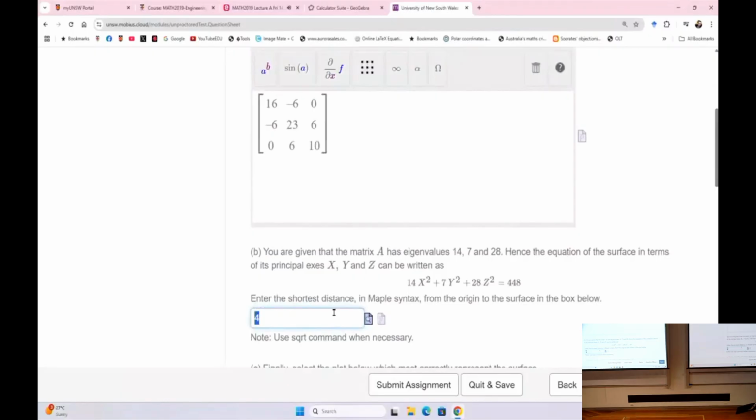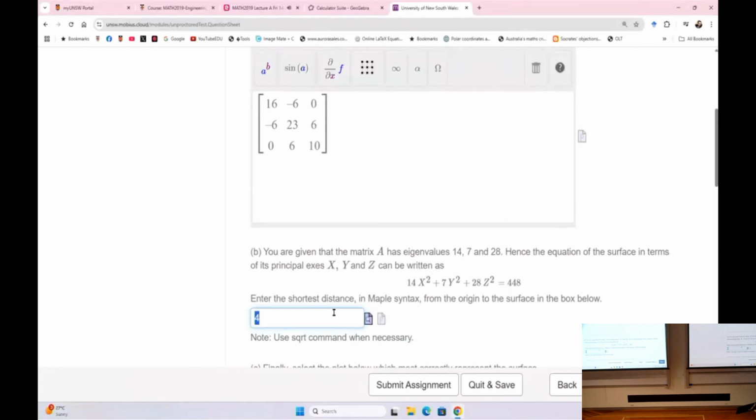Okay, so how do I come up with this number 4? The shortest distance from the surface to the origin. So in this case, we would make it the square root of the answer over the largest positive number, in this case, which is 28.